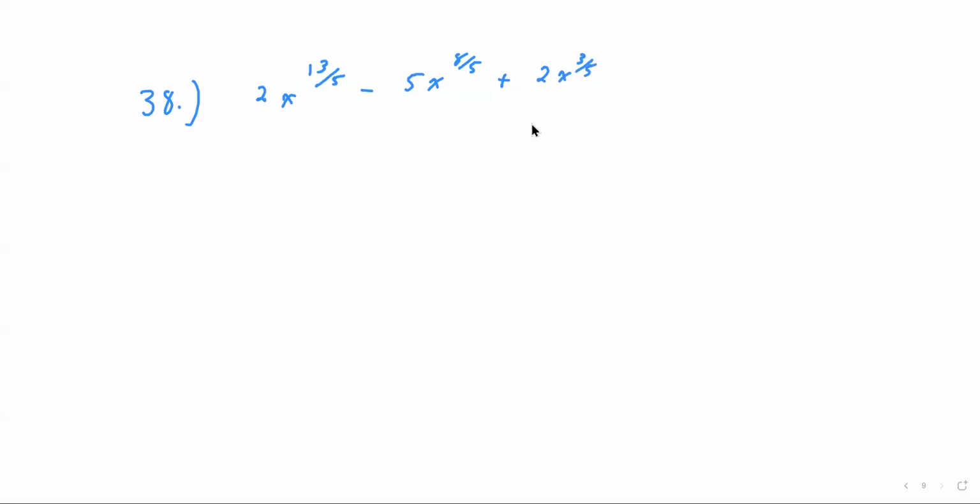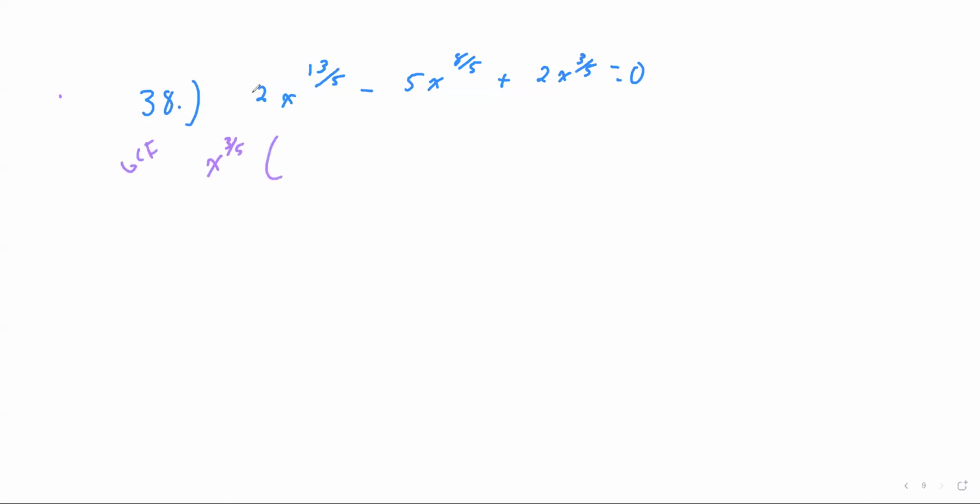So before I can try to do substitution, I need to try to get this to where there's a constant, not just one x. So what I need to do is I'm going to look at this last term. 3/5 is smaller than 8/5 and 13/5. So in my eyes, I can at least take an x to the 3/5 out as my greatest common factor.